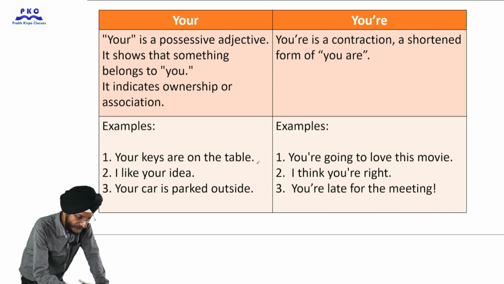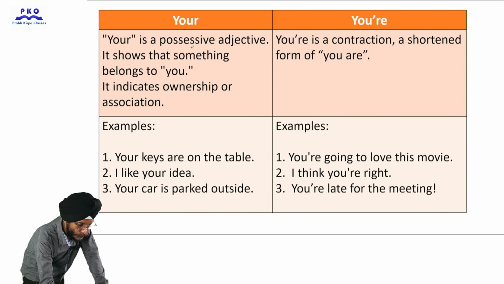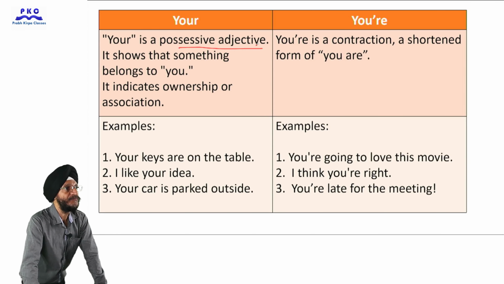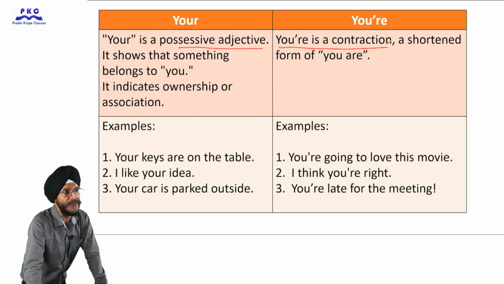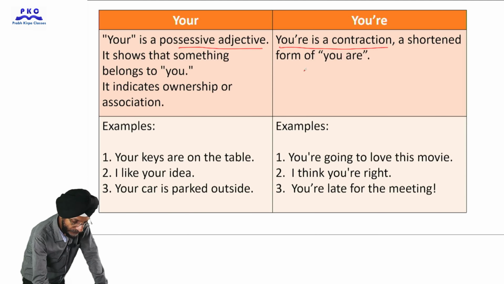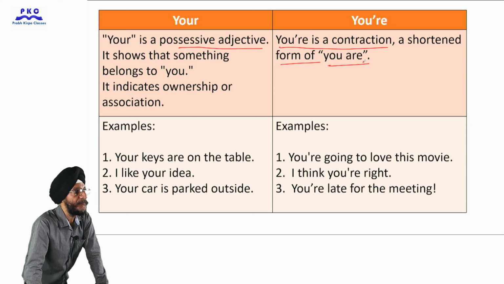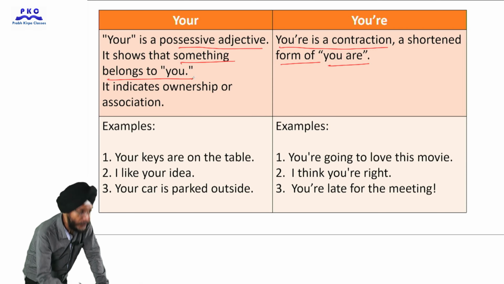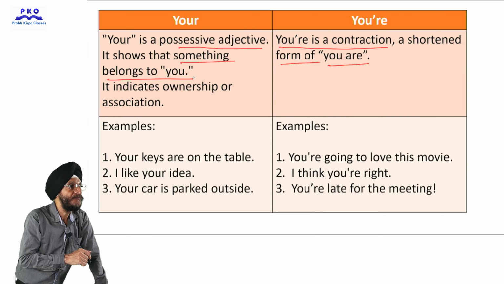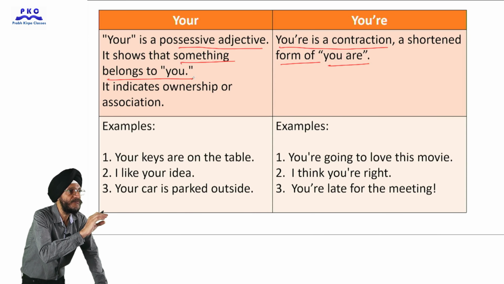Let us understand the difference between these two. "Your" is a possessive adjective. On the other hand, "you're" is a contraction, you apostrophe re, and it is a shortened form of "you are". "Your" shows that something belongs to you. It shows ownership or association.